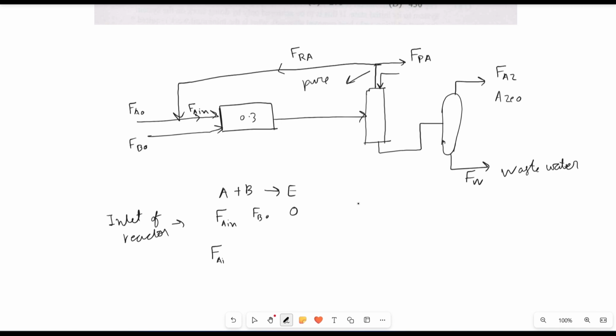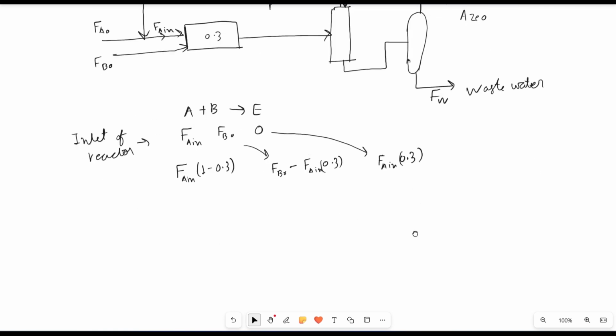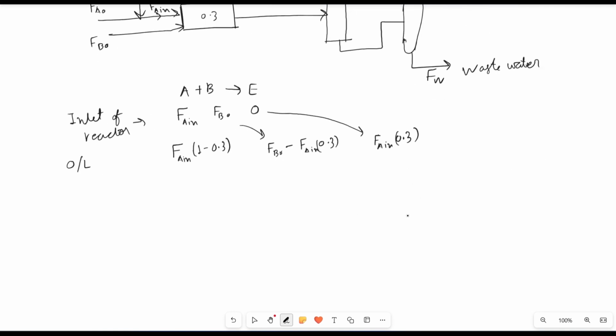So A will be FA in times (1 minus 0.3), and B will have FB naught minus FA in times 0.3, and E will become FA in times 0.3. These are the moles at the outlet of the reactor.